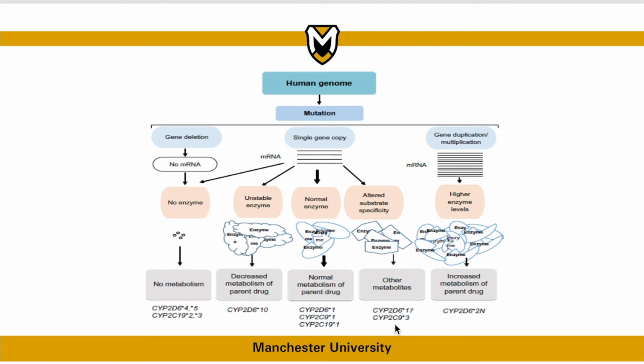If you have a decreased metabolism of the parent drug, this would lead to an intermediate metabolizer. If you have a normal metabolism, you are a normal metabolizing status. If you have, for example, a little bit quicker metabolism, you could have a rapid metabolizing status. And if you have a very increased metabolism, this would be an ultra-rapid metabolizer.